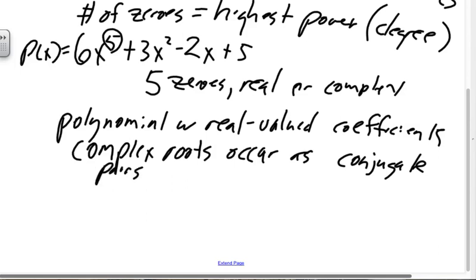So if you find 1 which is 1 plus 3i, its conjugate is 1 minus 3i, and both of these will be zeros of the polynomial if it has real valued coefficients, which are the only ones we're going to deal with. All right, so let's work through some examples here.